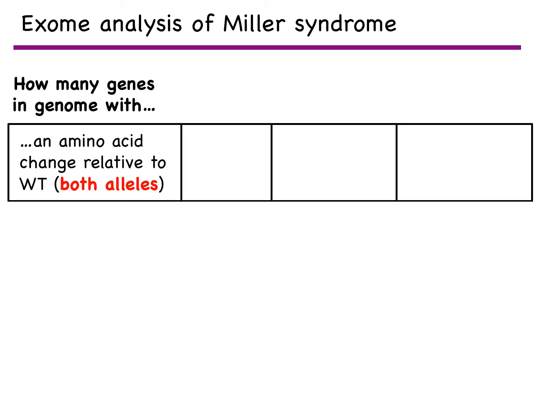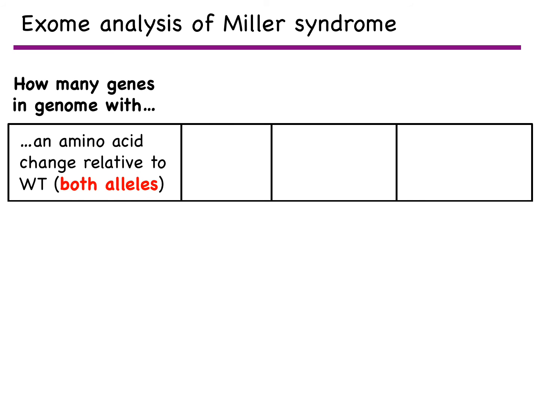Okay, so this slide summarizes the results of the analysis that were carried out in the Shinduri laboratory. So what they did here is, after they did the exome sequencing, they basically asked how many genes in the genome had some sort of mutation that gave rise to an amino acid alteration relative to the wild type.